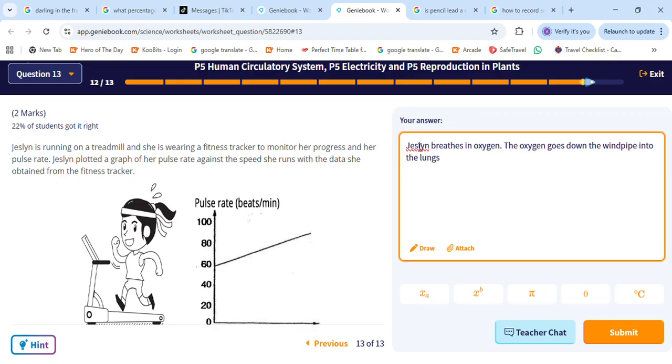You know, I just get really OCD when I see a red squiggly line. What else do I write? The air sacs in the lungs.